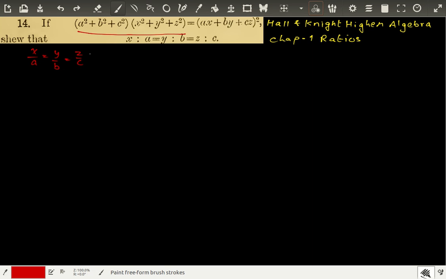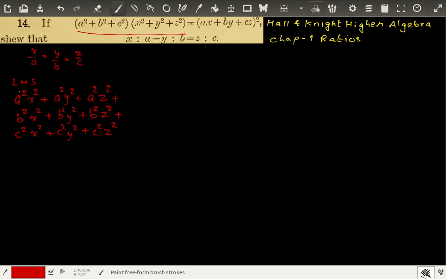Let me write it clearly, this is LHS, left hand side. So you get a²x² + a²y² + a²z² + b²x² + b²y² + b²z² + c²x² + c²y² + c²z². This is our LHS.